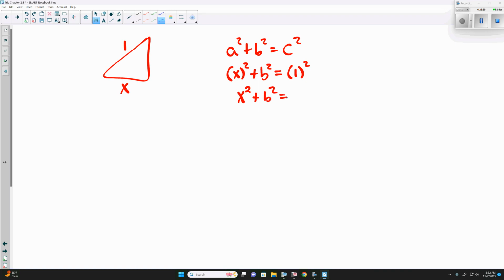I still find that as a funny statement even now. 1 squared is 1. Now to get b by itself, we would subtract x squared from both sides, telling us that b squared is equal to 1 minus x squared. And again, as before, to find its value, we take the square root of both sides. So b is equal to the square root of 1 minus x squared.